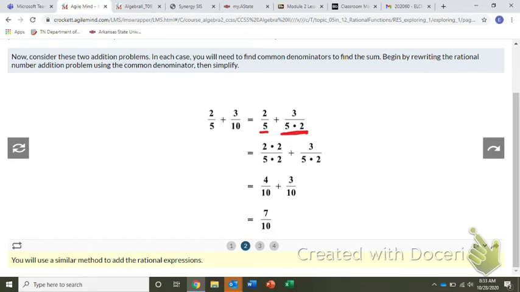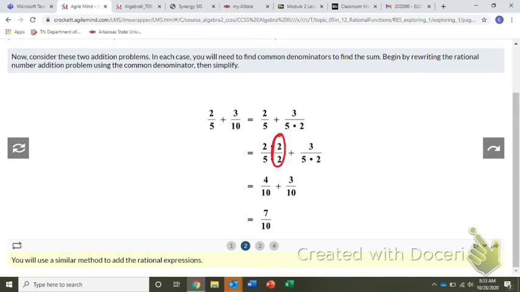So let me rephrase that so it's a little bit easier. Here's a 5, here's a 5 and a 2. What is this left side missing that the right side has? Well, it's missing the 2. So we take that 2 and we multiply on the numerator and the denominator of the missing side, which is what they did right here.